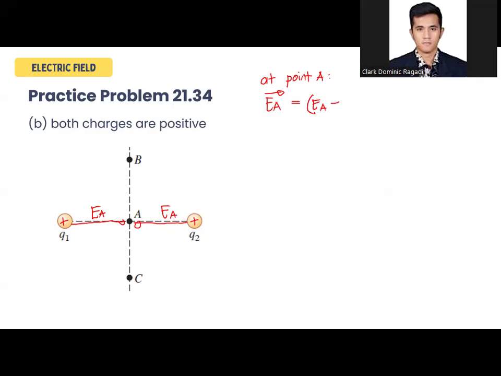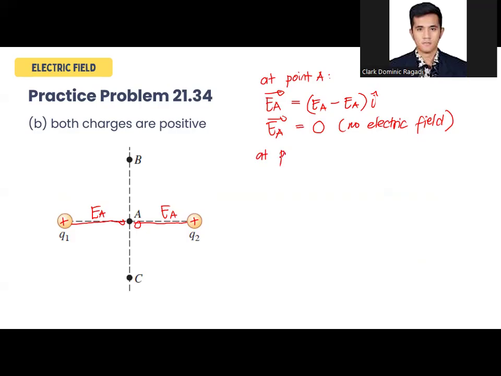So we have EA minus EA, times I hat. Same as the first one, that equals 0, so there's no electric field. Again, when both charges are positive, there's no electric field at point A. Okay, let's do point B.